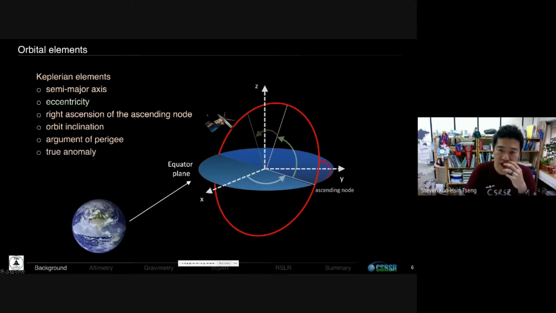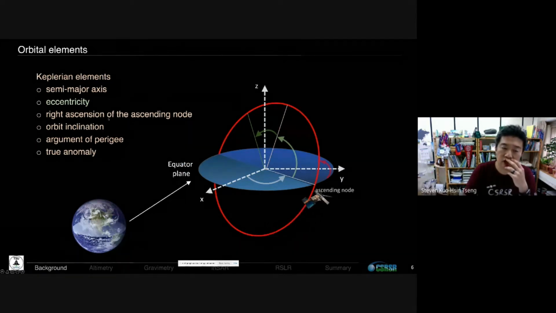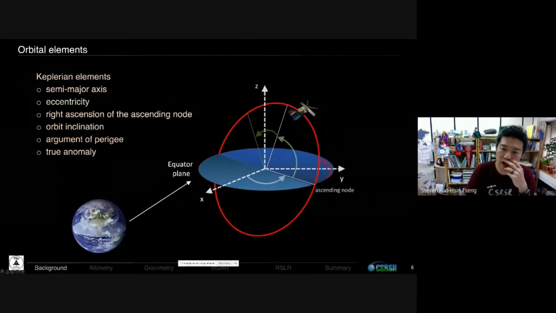And the next is the eccentricity. Eccentricity describes how flat this orbit is, basically the flattening of the orbit ellipse. For most Earth observation satellites, the eccentricity is very low, nearly zero, which means it's a near circular orbit.